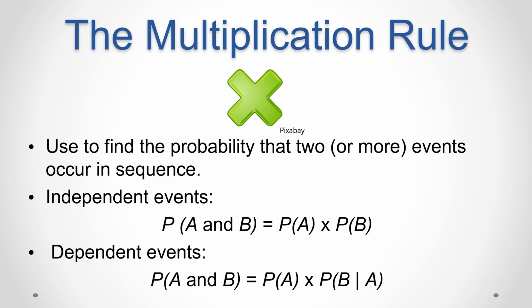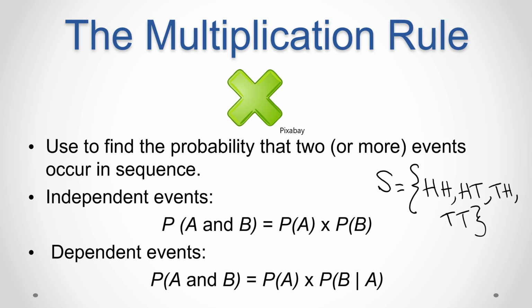Let's look at that. In flipping a coin twice, where H represents the outcome heads and T represents the outcome tails, we can obtain a sample space equal to heads, tails, heads, and tails, right?